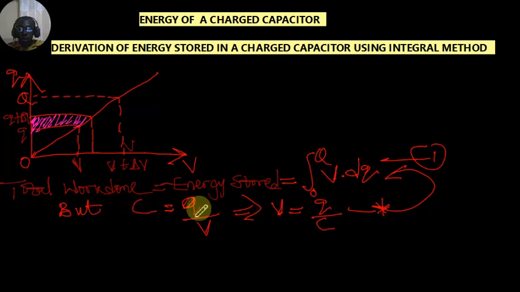Now, the capacitance of a capacitor is defined as the charge on either plate to the potential difference across its ends, which is Q over V. Therefore, at this point, you can make V the subject of the formula.